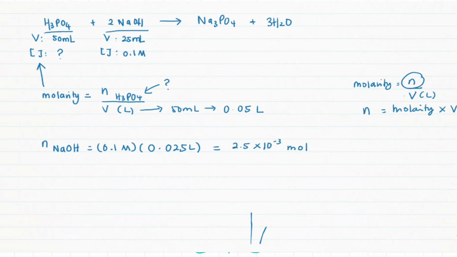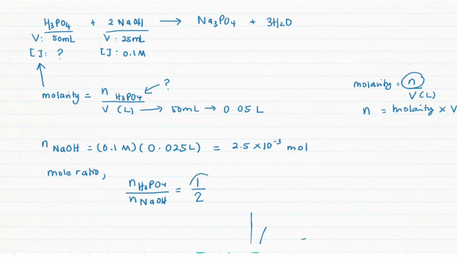Okay, and then using the stoichiometric relationship, we know that the mole ratio of H3PO4 to mole NaOH is equal to 1 over 2.